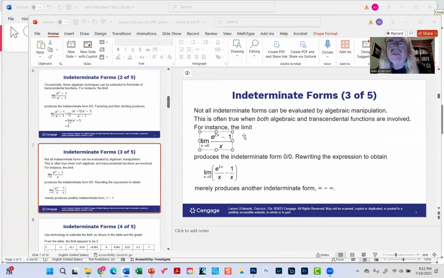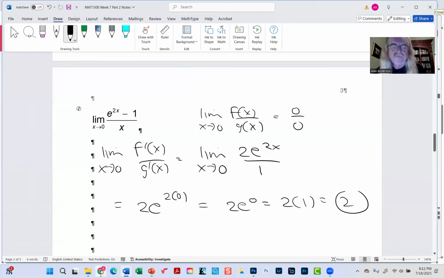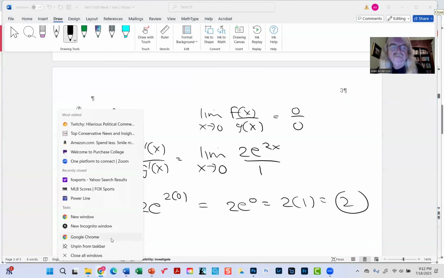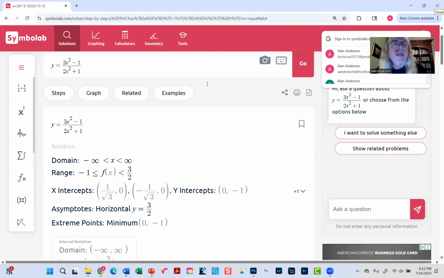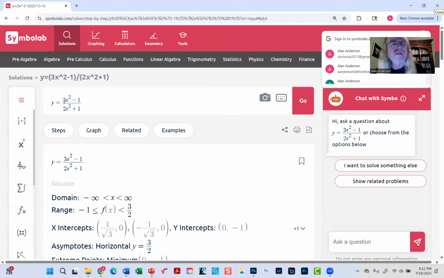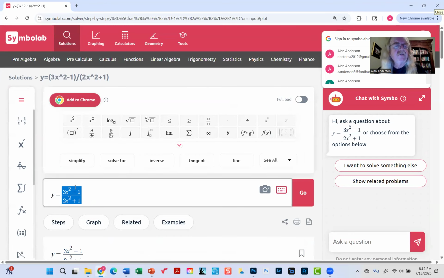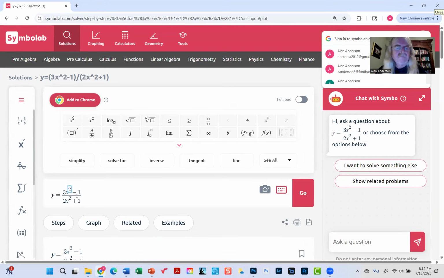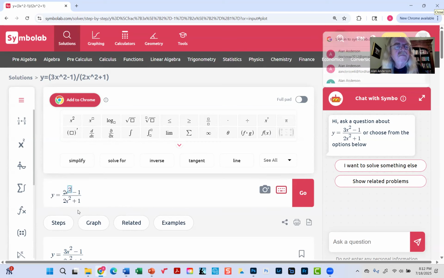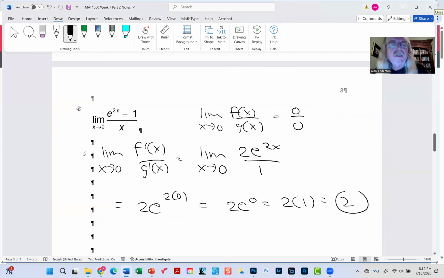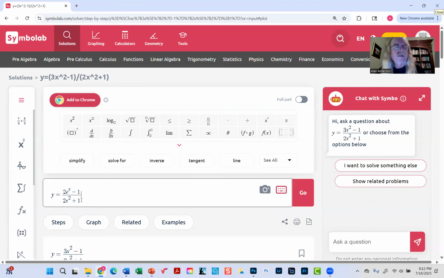Now, once again, we're going to graph this in Symbolab, just so you can see what this function looks like and get a sense of where the limit should be. All right, so in the numerator, we had 2e to the x minus 1 over x.